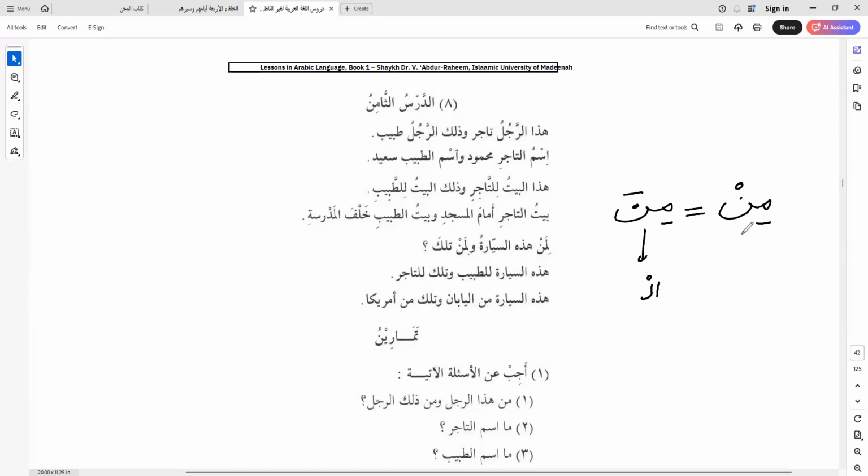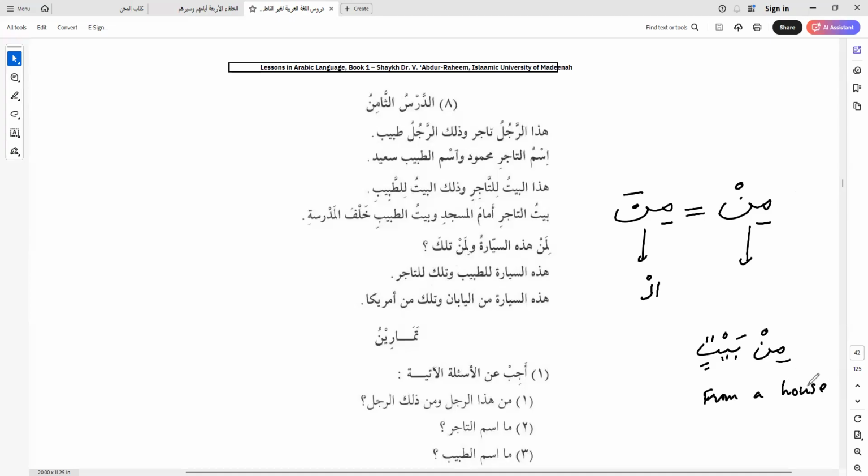But if it is going to meet a normal indefinite noun, then we say min. So you say min baitin, from a house. We don't know the house you're talking about.